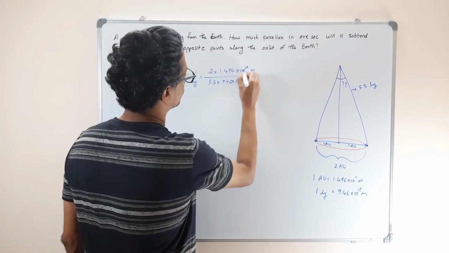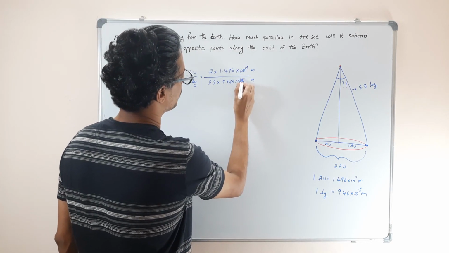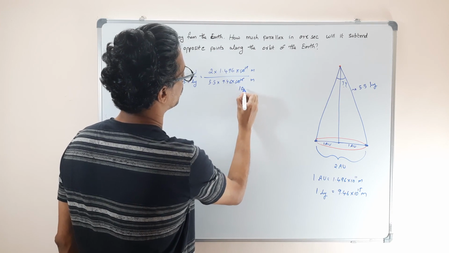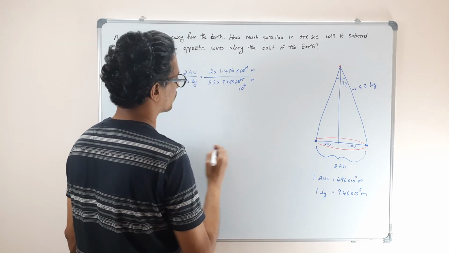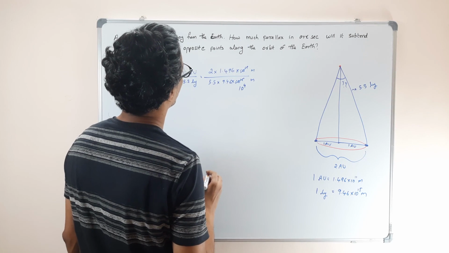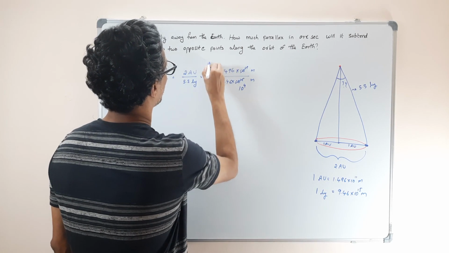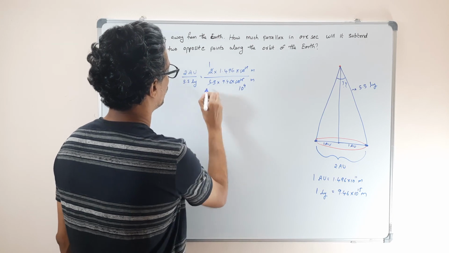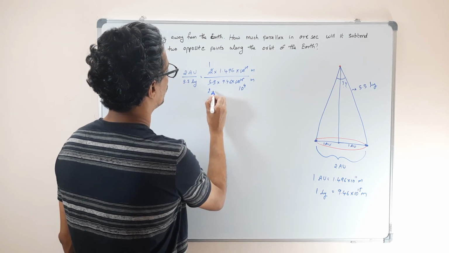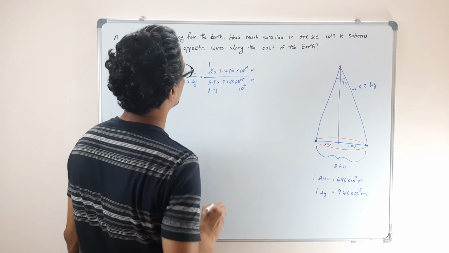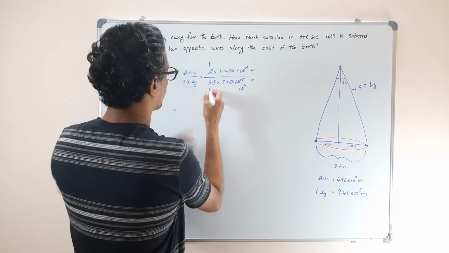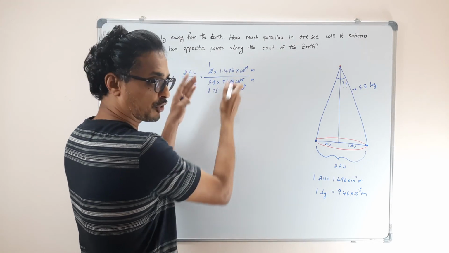So this goes as 10 to the power of minus 4. And there's a way you can divide by 2. If you divide 2, this becomes 2.75. You can always round it off to get an approximate number.